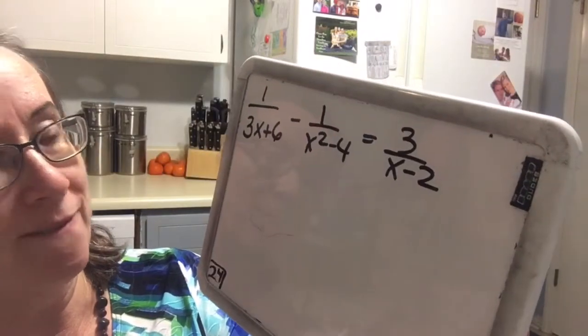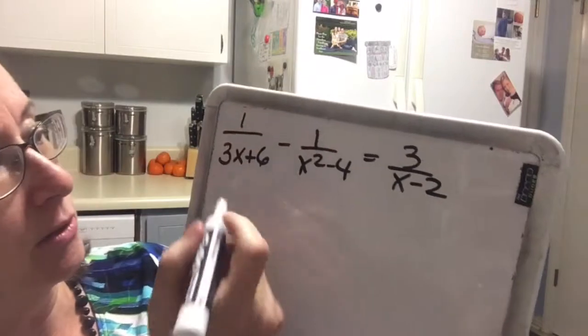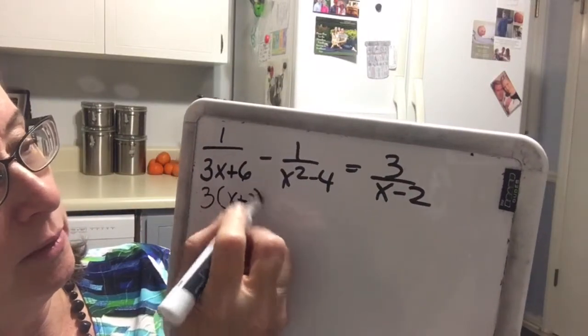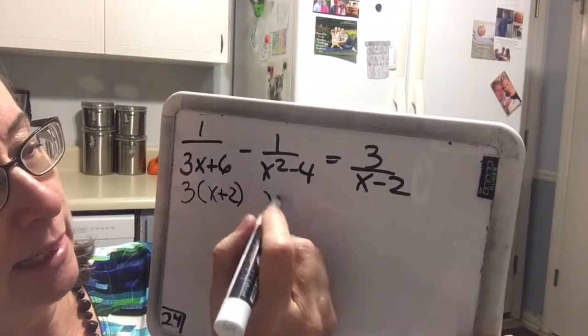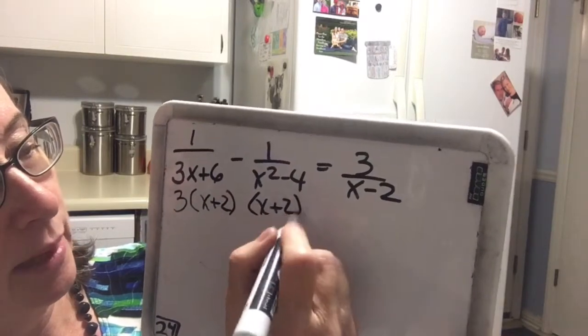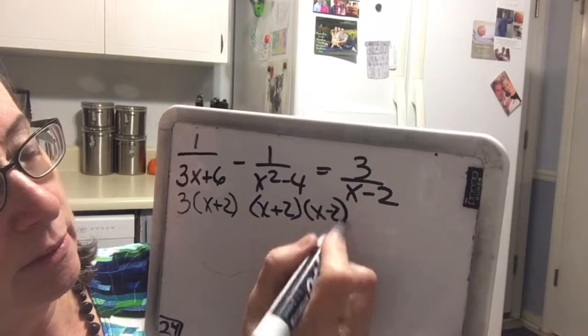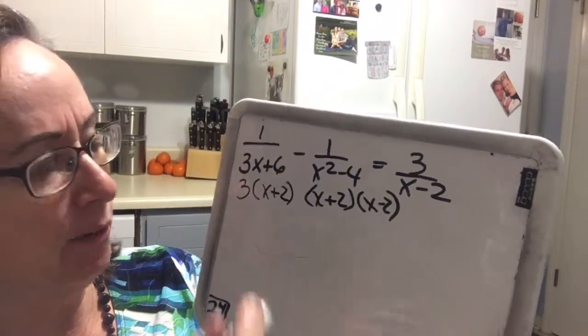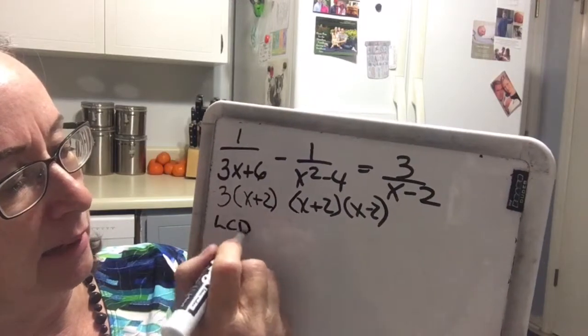We're going to factor every denominator. So we're going to pull out a 3, and we have an x plus 2. This one is an x plus 2, x minus 2. And then the last one is just x minus 2. So I'm going to look and say, okay, what is my LCD?